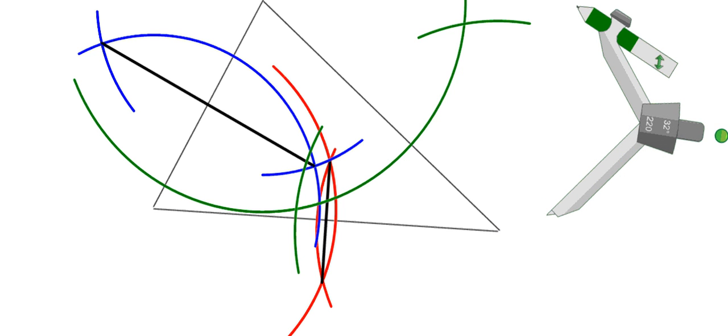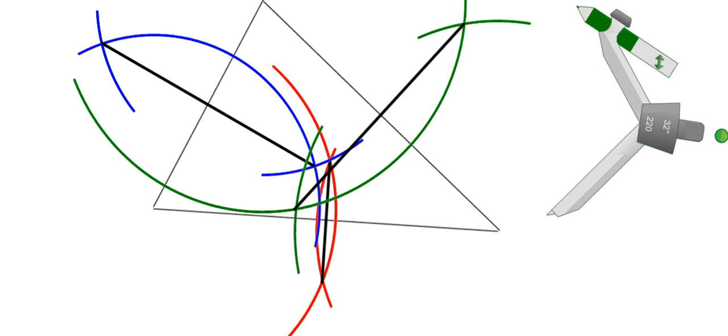It's going to be a little bit sloppy. Do the best you can to keep your arcs clear so that you'll know where to connect your points of intersection. So there's my third perpendicular bisector. And it's important to notice that this construction is to create or construct the perpendicular bisector of a line segment.